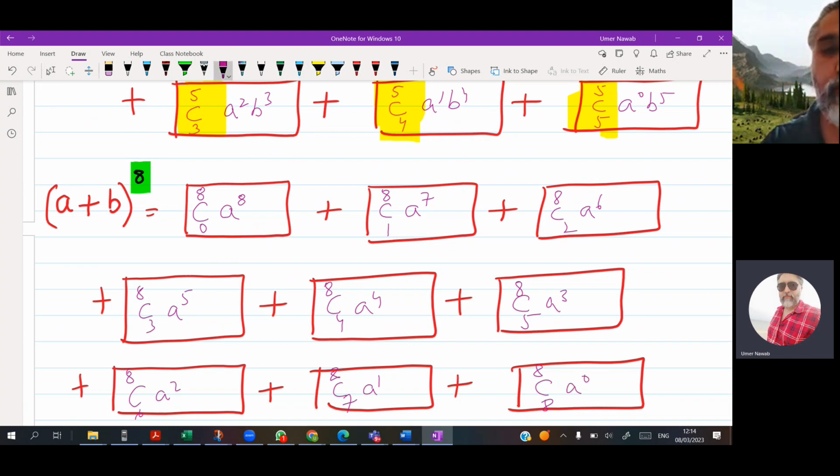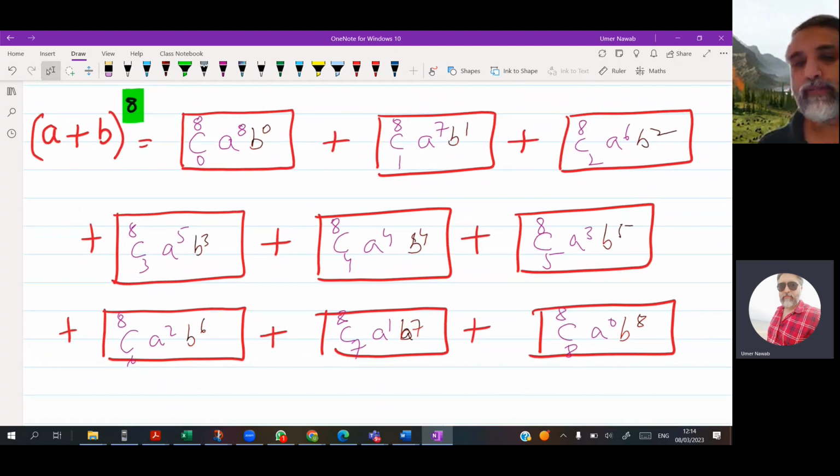And the power of B will be 0, 1, 2, 3, 4, 5, 6, 7, and 8. Wow, I did the expansion in no minutes.